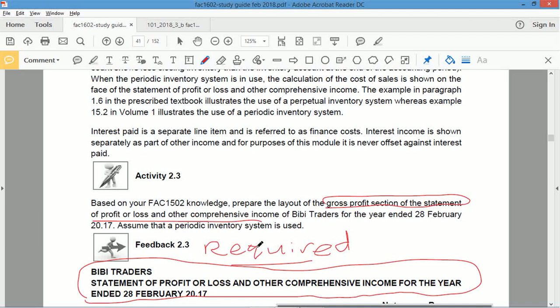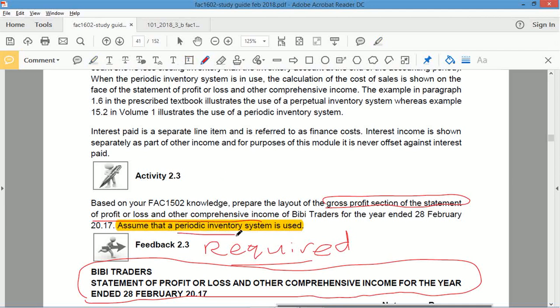Write the heading: statement of profit and loss and other comprehensive income for the year ended 28 Feb 2017. Underline that, and then I want to know what your template would look like, because that's what you would start with in the exam. In the exam, you start by drawing the skeleton up. Assume this, because it does make a difference.